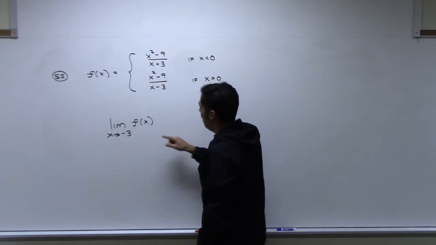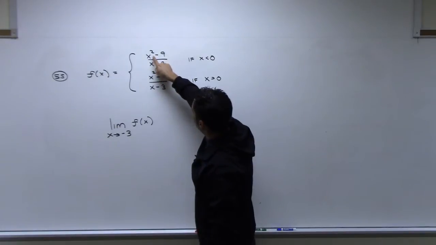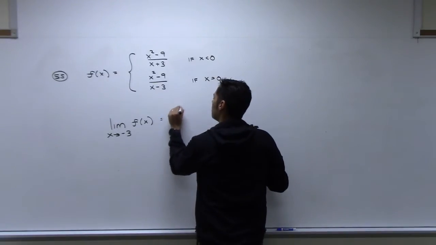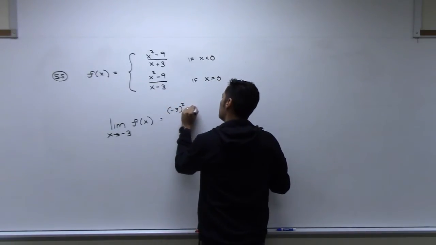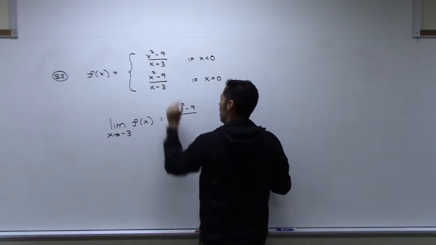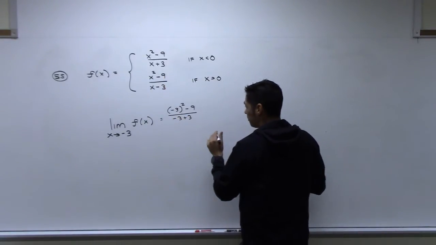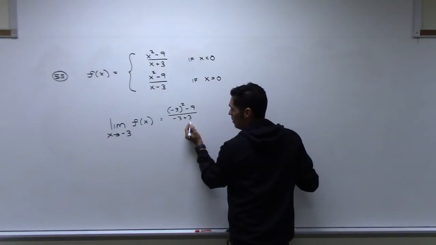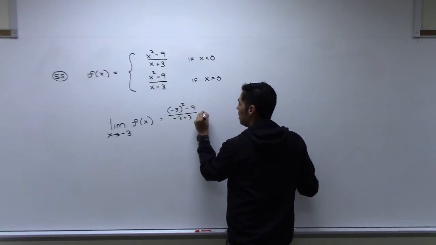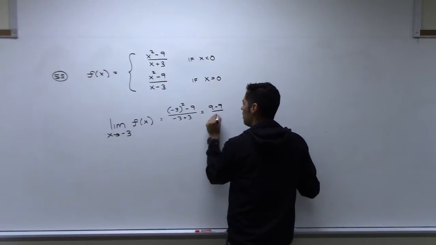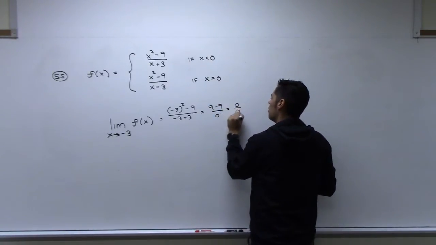Notice that when I try and plug -3 in, I get -3 squared minus 9 over -3 plus 3. On the top we get 9 minus 9, and on the bottom -3 plus 3 is 0, so we get 0 over 0.